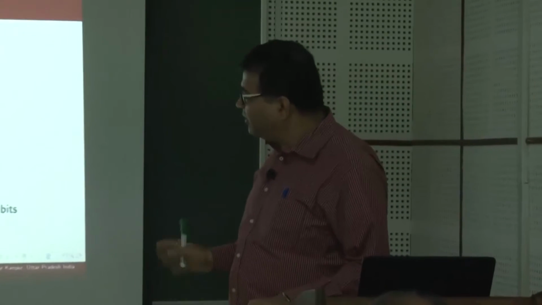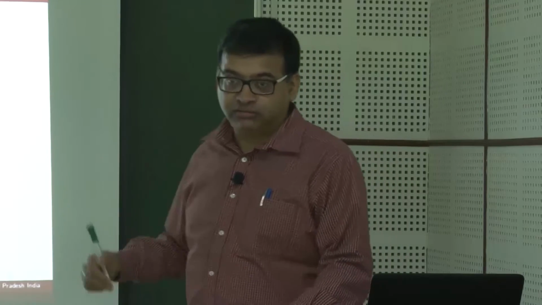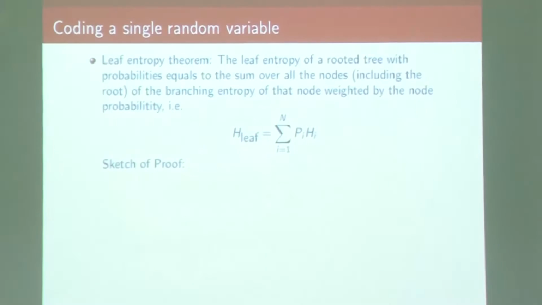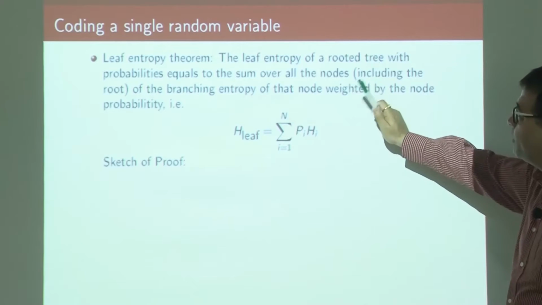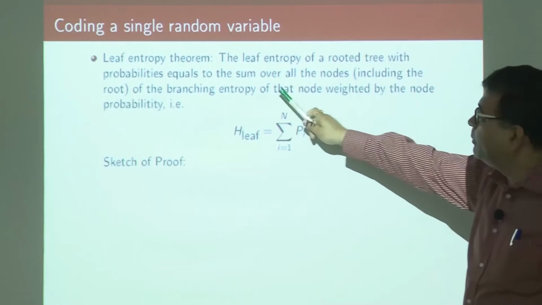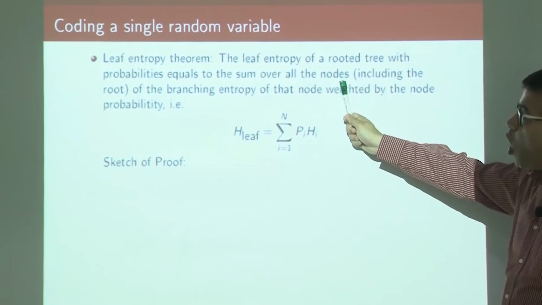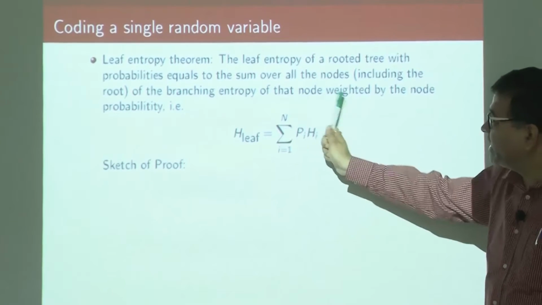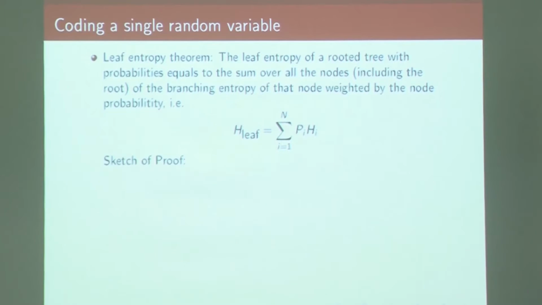Now we are going to show an interesting result which links these two, and we will use that result to prove a bound on our expected code word length. The leaf entropy theorem says that the leaf entropy of a rooted tree with probability is equal to the sum over all nodes, including the root node, of the branching entropy of that node weighted by the node probability.